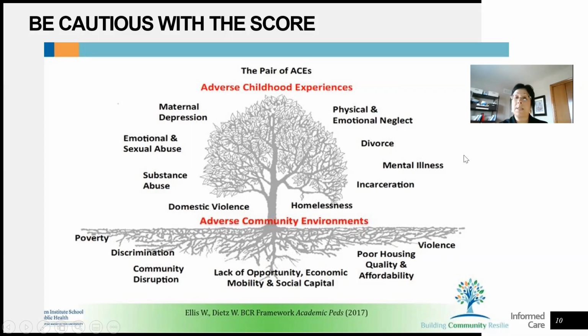So this diagram is from Ellis and Dietz, and it's really just an important graphic of the different things that our students experience at home. And then you will see the relationship down below of some of the community environment things that we have already covered and talked about.